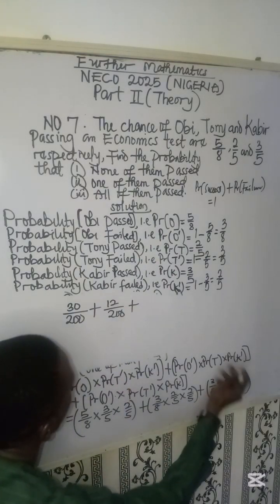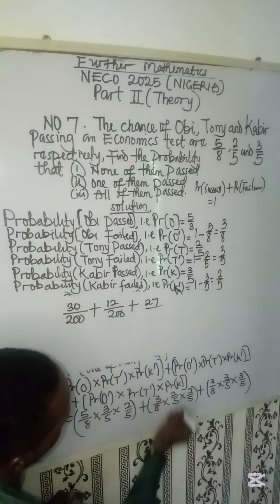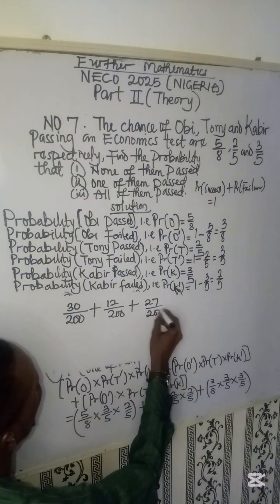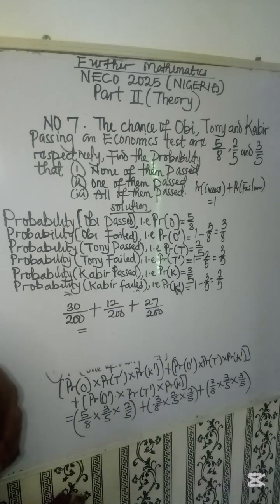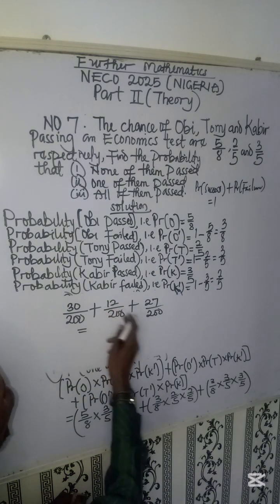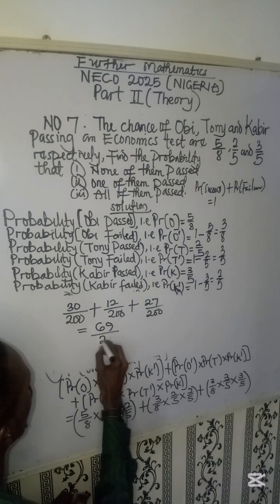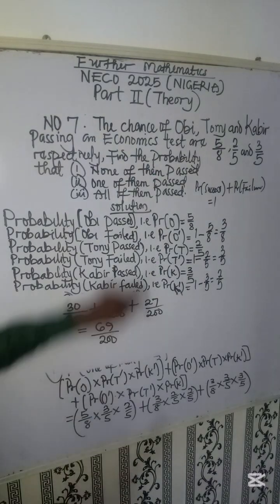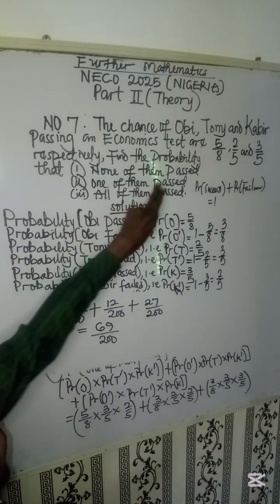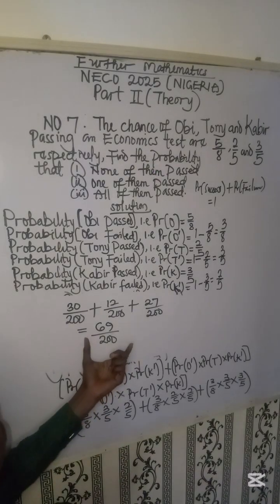Plus 3 times 3, 9. 9 times 3, 27. 27 divided by 200. If you add everything together, you have 30 plus 12 plus 27, that is 69 divided by 200. So the probability that one of them passes is 69 divided by 200.